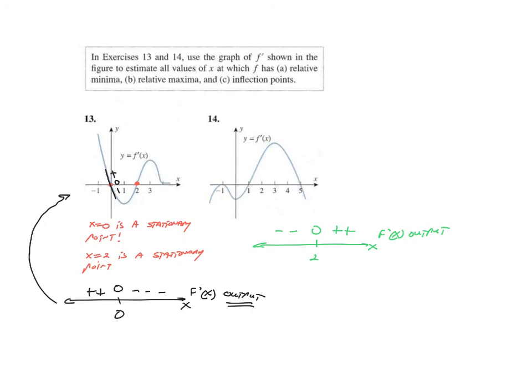And if I go over and superimpose it right here, I get 0, negative, plus. And it looks like, hey, x equals 2 is a minimum. So x equals 2 is a minimum. And I forgot to conclude what we did on the other one. x equals 0 is a max.